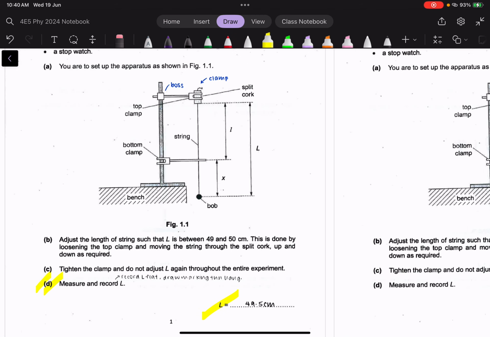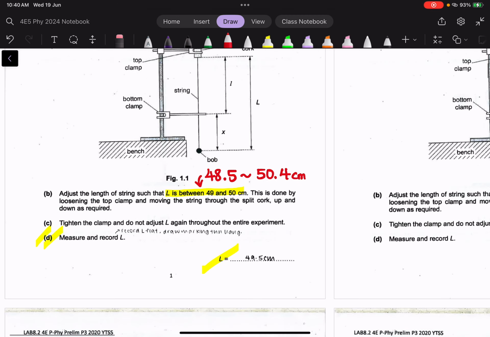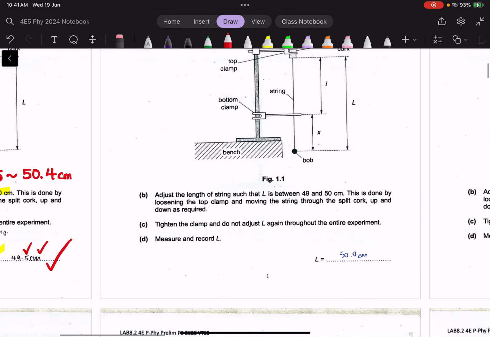Okay, so I have a range 49 to 50. So anything that falls within 48.5 to about 50.4 will be in range, right? So I take a look, 49.5, 1 dp, correct, so correct. 50.0, unit is correct. So all these are correct.